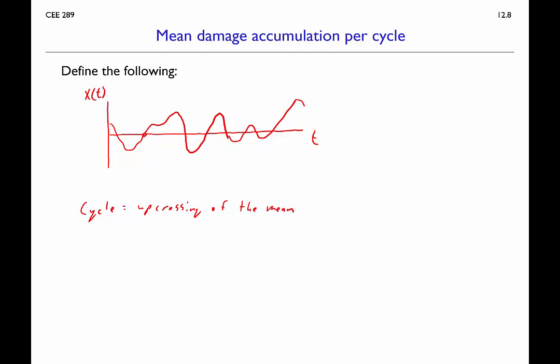So here we upcross once, then over here we upcross again, and upcross again, and upcross again. And let's just call this a mean zero process, so that my zero line here is the mean.